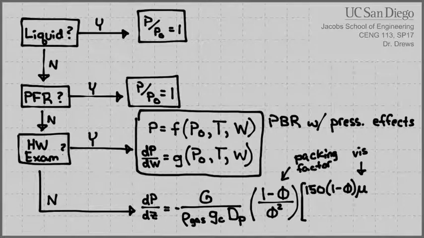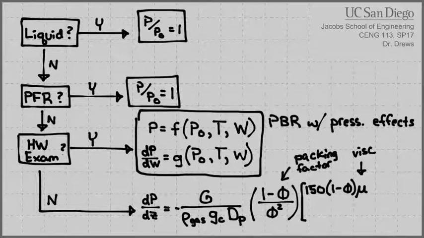Mu is a viscosity. So if you have a very thick gas, right, it's very viscous, not honey viscous, because honey is a liquid. But if the gas is particularly viscous, and this number is very large, that will tend to make this pressure drop term higher, which means pressure gets lower as you go along the length of the reactor.